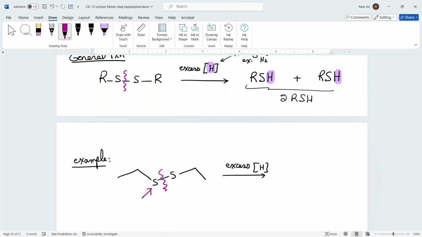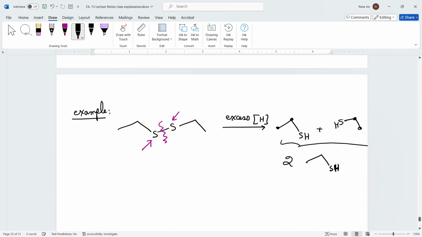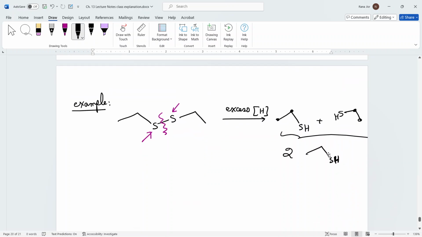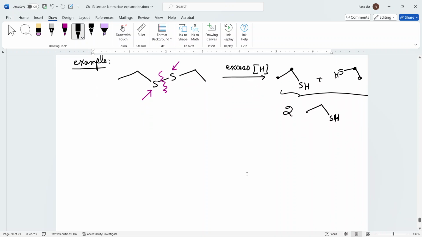We're going to add a hydrogen to the sulfur and a hydrogen to the other sulfur. So we are going to end up getting an SH plus another SH and R. Notice that the R's are the same, so I can combine those together and say 2. This is going to be an ethane thiol. You are not responsible for naming thiols, but this is what I'm going to get.